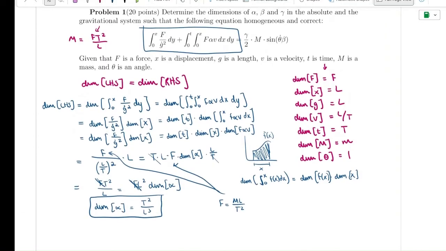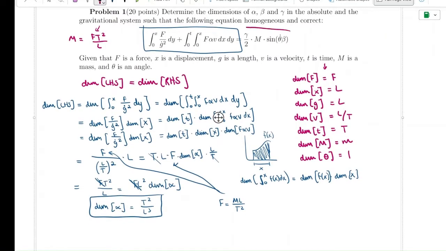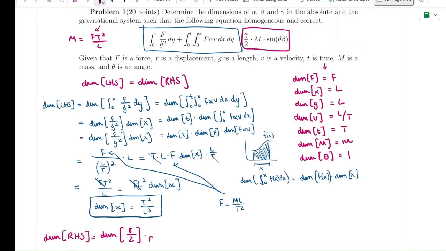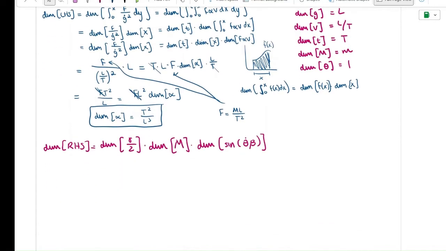So now let's go to the right-hand side. So we have dimension of the right-hand side equals dimension gamma over 2 times the dimension of m times the dimension of sine theta dot beta.